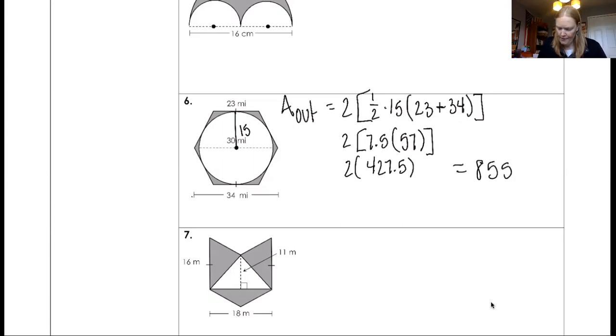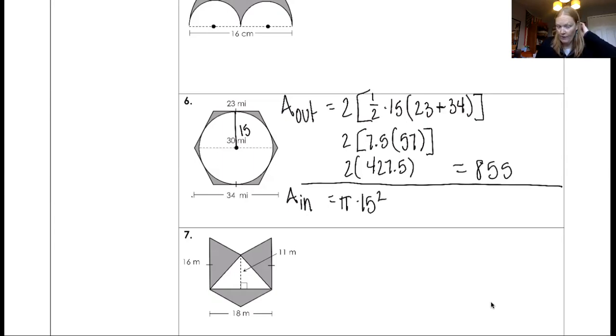Okay. Now I need to find the area of the circle that we're cutting out. So that's the area of the inside. And the area of the inside is pi times the radius squared. So it's pi times 15 squared. So if I type it into the calculator, 15 squared is 225. 225 times pi is approximately 706.5. Again, I'm using 3.14, not the pi button.